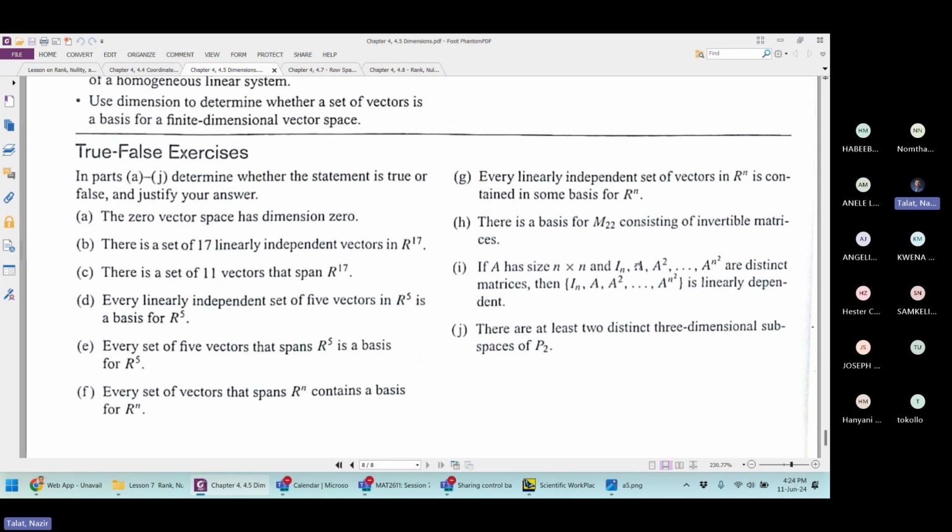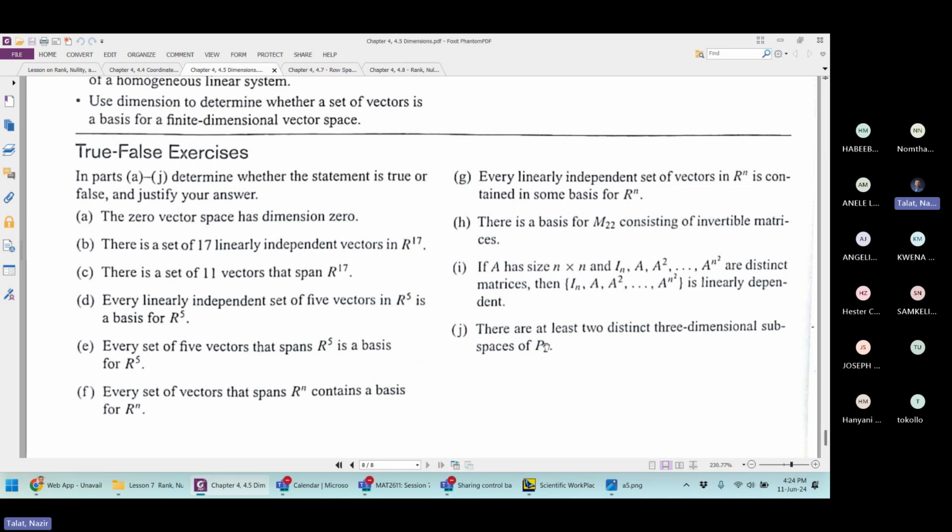If there is a zero matrix anywhere, maybe the last one, since A squared can become 0, then in that case they will not be linearly independent.